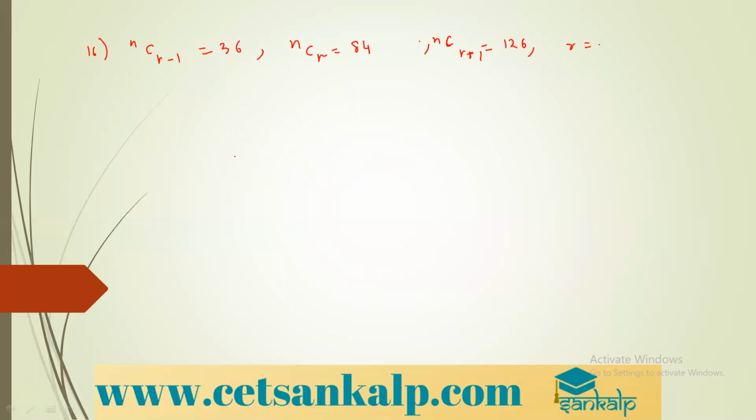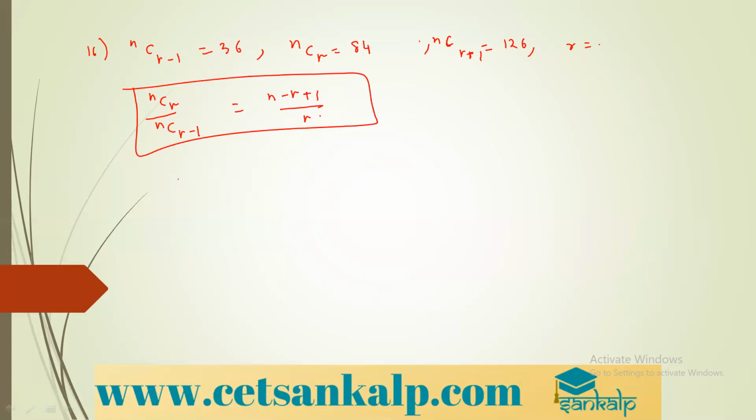Here we will be using one formula. You must have remembered this formula. If you have NCR by NCR minus 1, it can be written as N minus R plus 1 by R. So if you use this formula here, I will take NCR by NCR minus 1, that is 84 by 36.